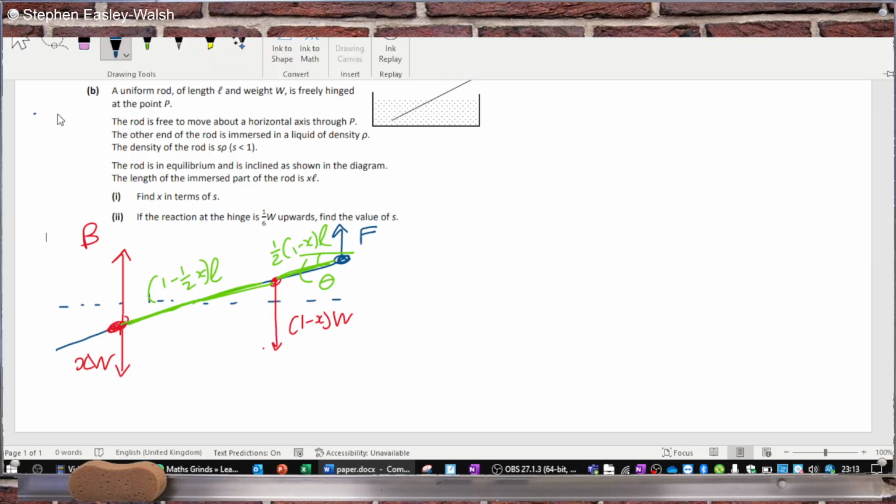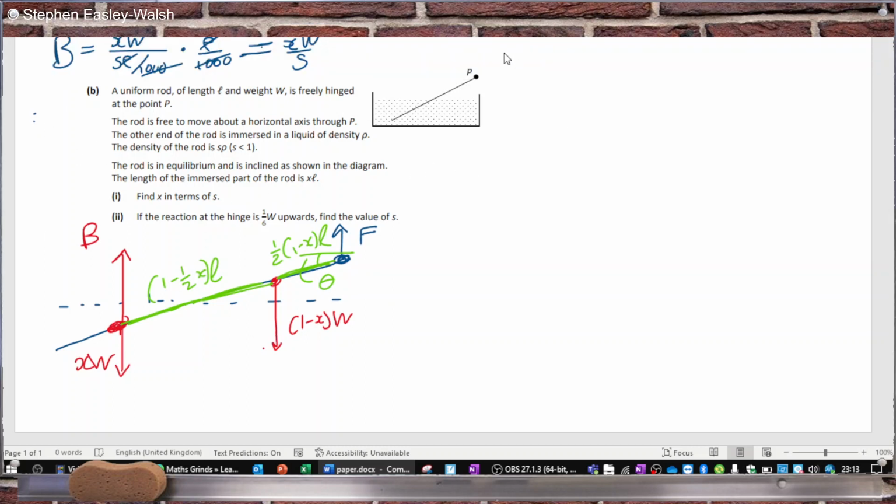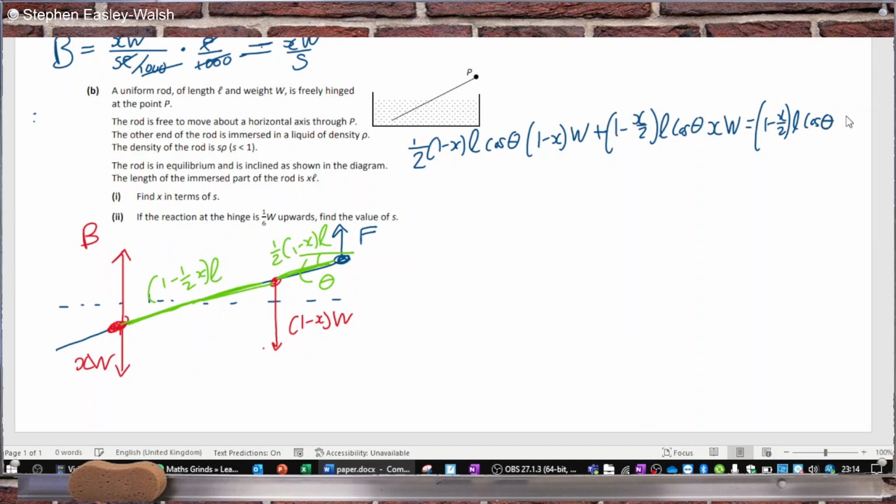So if we take the turning forces now, it would be a half 1 minus XL cos theta times 1 minus XW plus 1 minus X over 2 L cos theta times XW equals 1 minus X over 2 L cos theta, the buoyancy, which is XW over S.